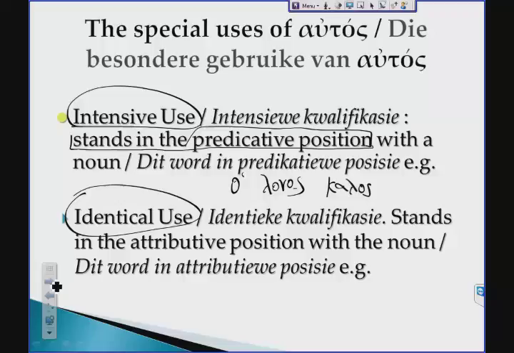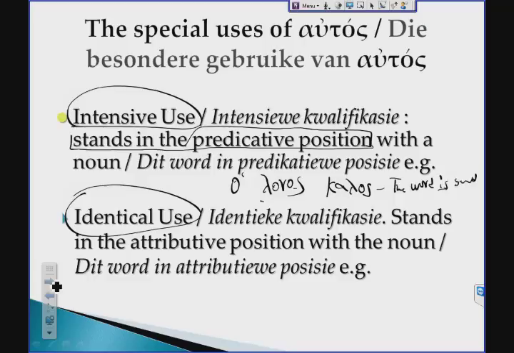Can you translate that for me? That is the predicative position of an adjective. The word is good. That is your predicative.